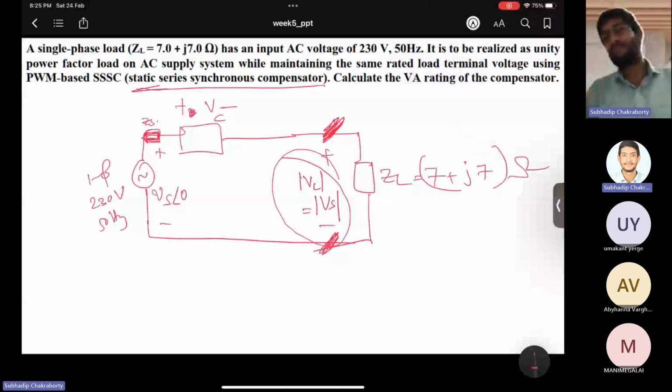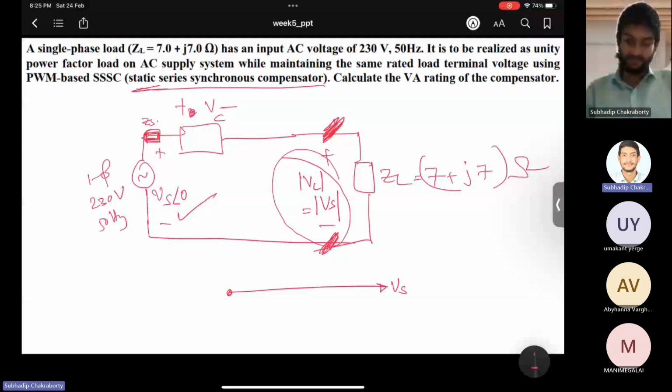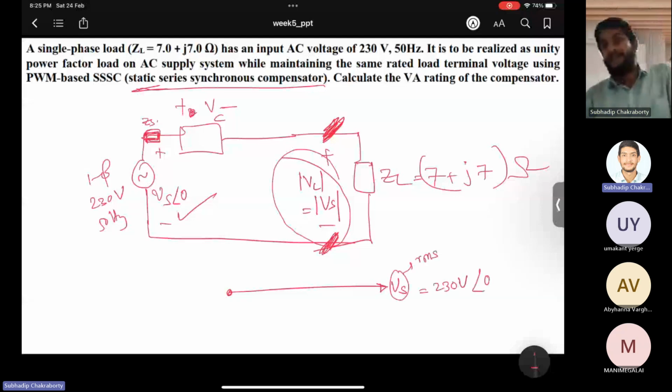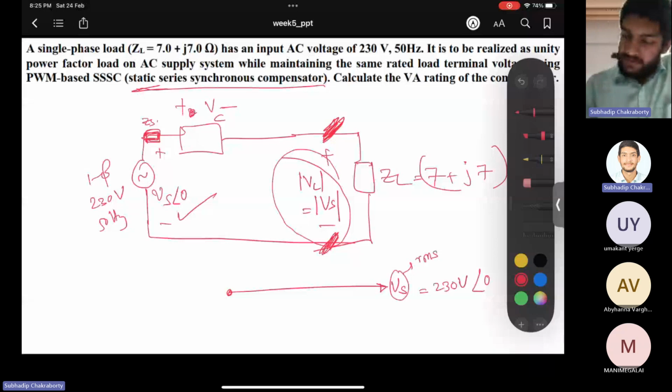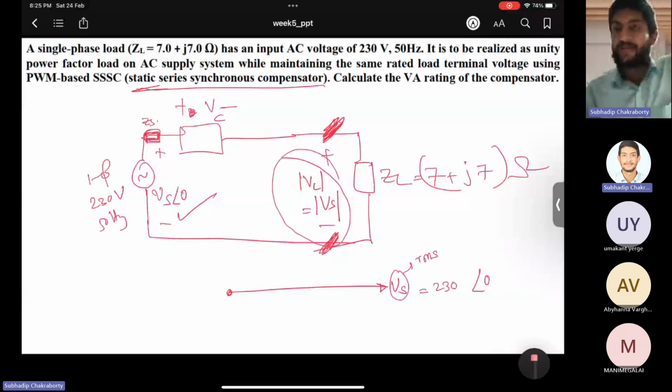So assume the supply voltage to be your reference. So draw it. This is VS, whose magnitude is VS RMS, and it is given as 230 at an angle 0.